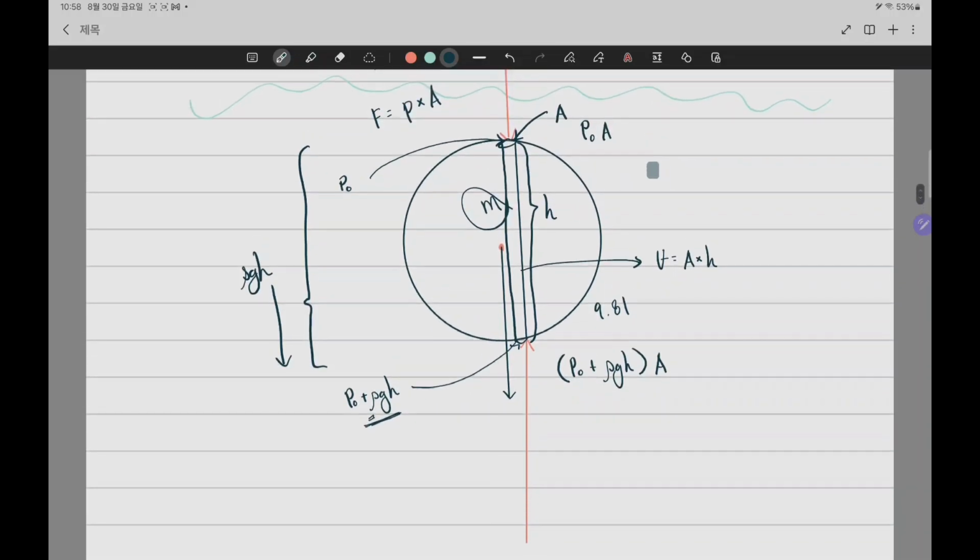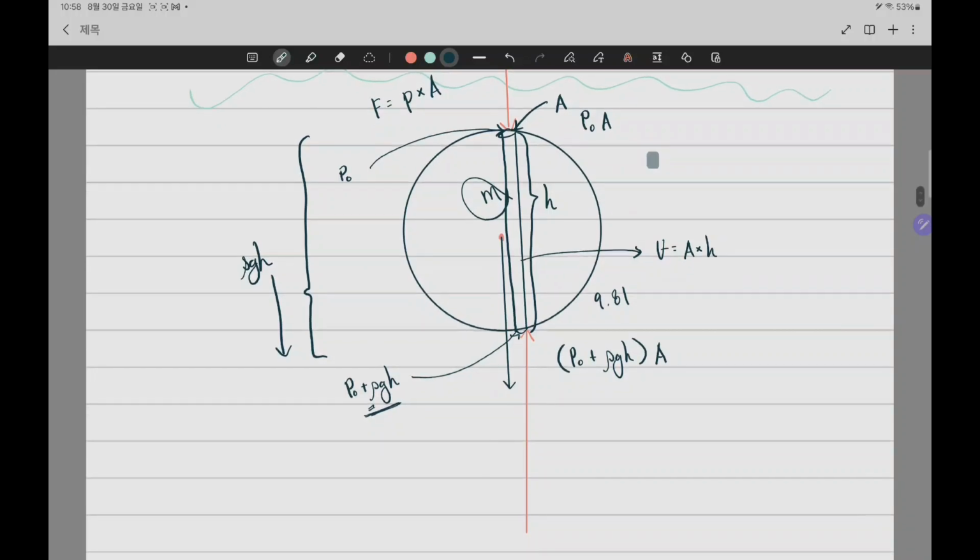Well, we can calculate this by subtracting one from the other. Let's consider the downwards direction, so we subtract the upwards force from the downwards force. So this is the downwards force minus the upwards force, F net.